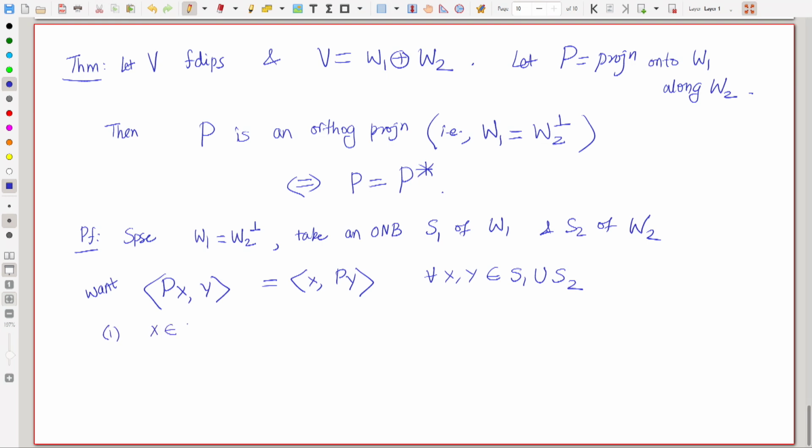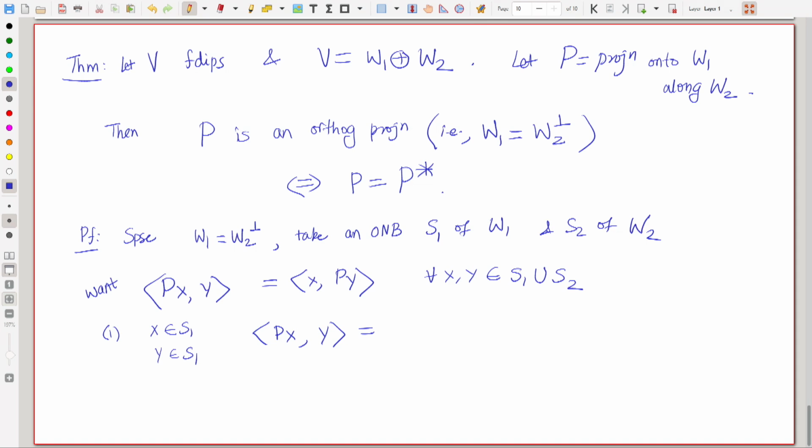Case 1, x is in S1, y is in S1, they are both from S1, which means they are both from the orthonormal basis of W1. So then I apply P to x comma y, let us compute the left hand side. So what is P acting on x? X comes from S1. S1 is an orthonormal basis of W1.